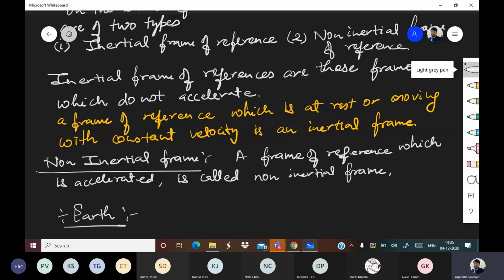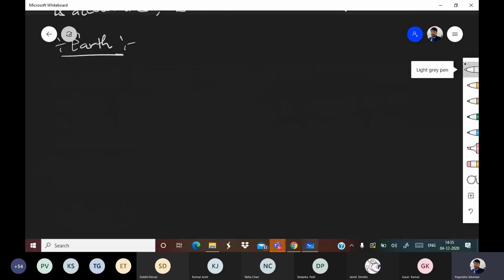As Newton said, his laws are applicable in an inertial frame. So what will happen if we want to apply Newton's laws in a non-inertial frame? Is it that we cannot apply them outrightly? People said at that time, "Sir, you are the Almighty God of physics, and nothing is beyond you.